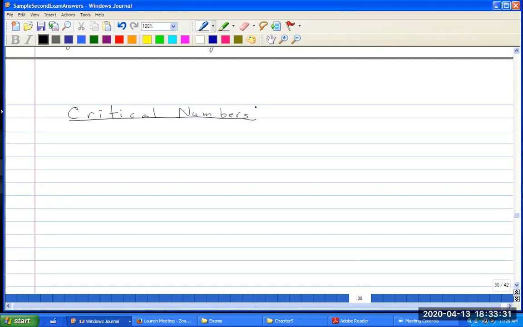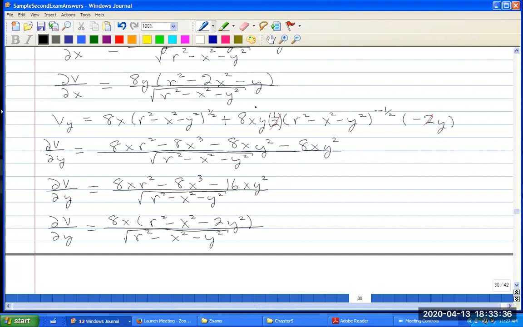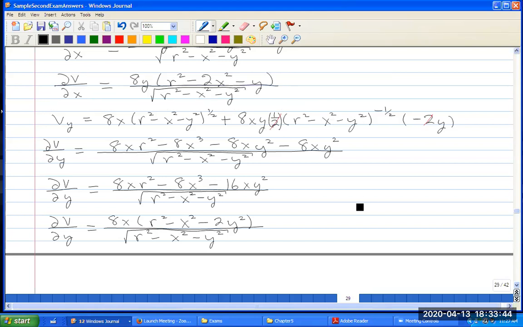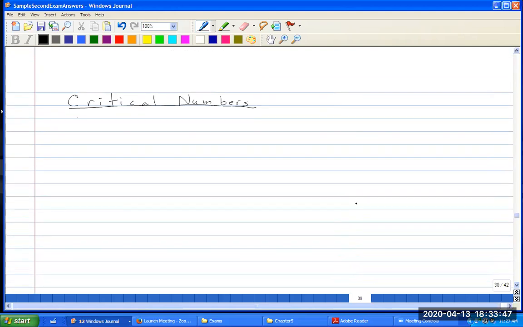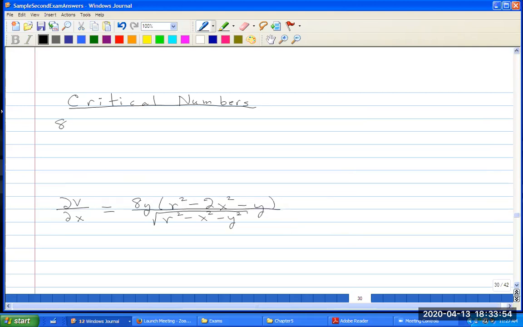So let's set the first partial with respect to x equal to 0. And so let's set 8y times (r squared minus 2x squared minus y) equal to 0.